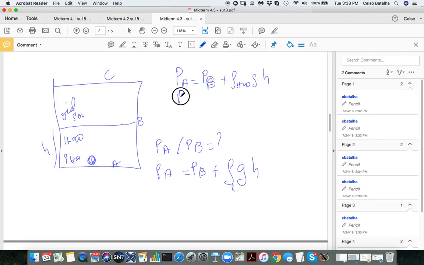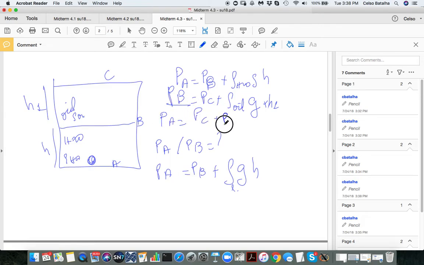And then you can say my pressure in B is equal to pressure in C plus rho of oil g times h1, right? And then you can write that pressure A is equal to P_C, pressure B plus rho water g h. And now that's how you relate pressure A with pressure C.